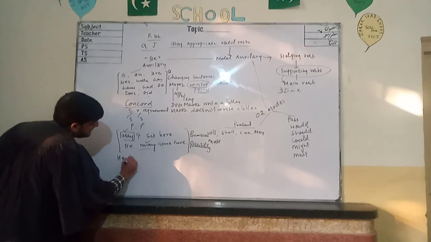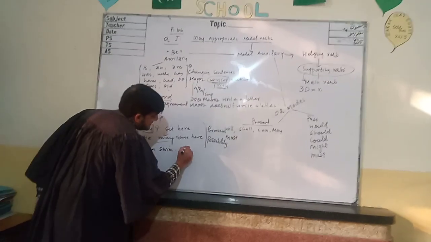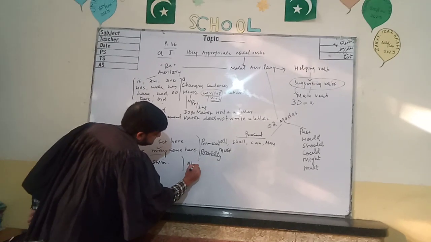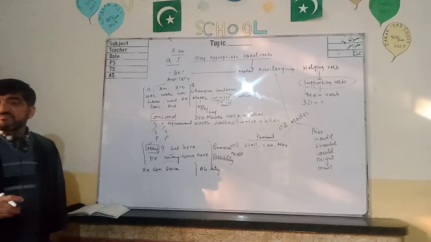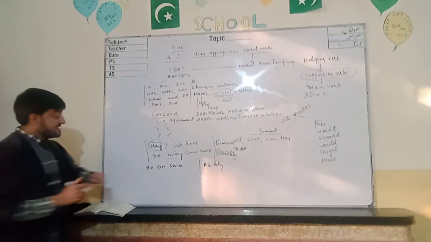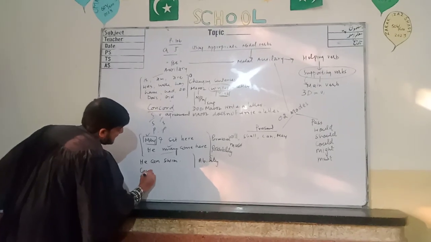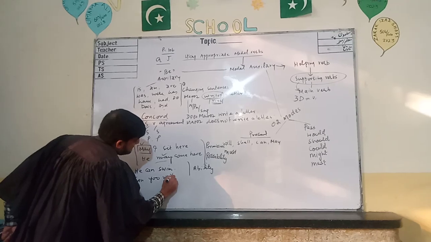So the same is the case with can. He can swim. It indicates ability because everybody cannot swim. He can swim. Can you write?